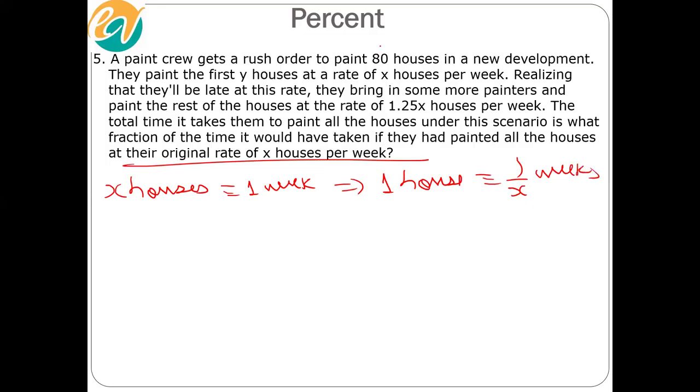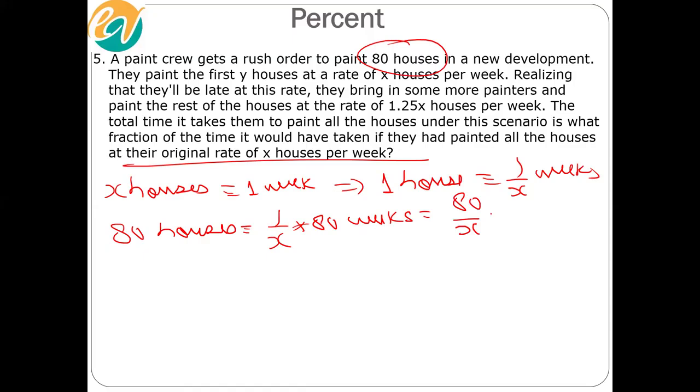So 80 houses will get painted in 80 by X weeks. So if they were to paint at the rate of X houses per week, it would take them a total of 80 by X weeks.